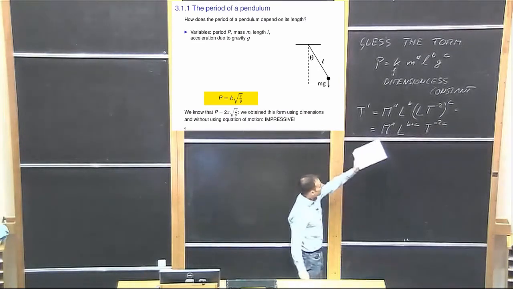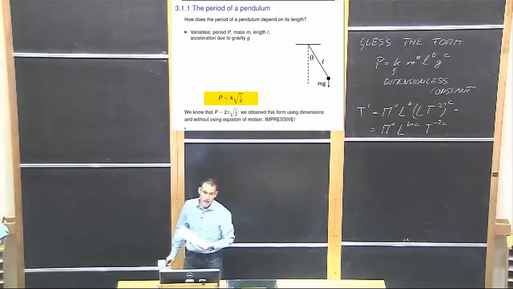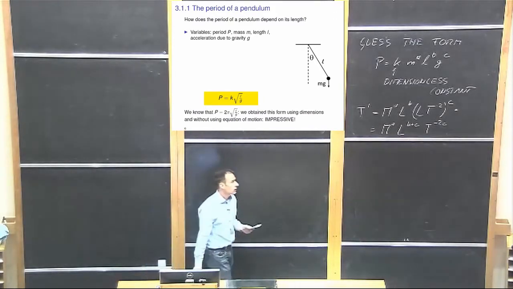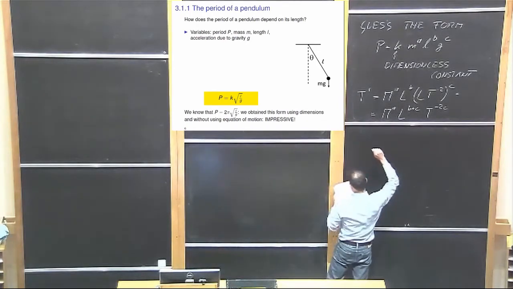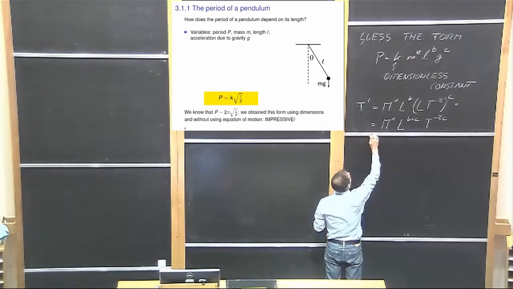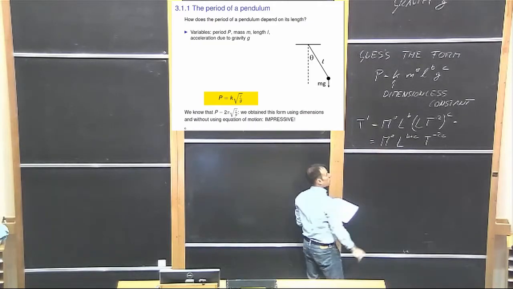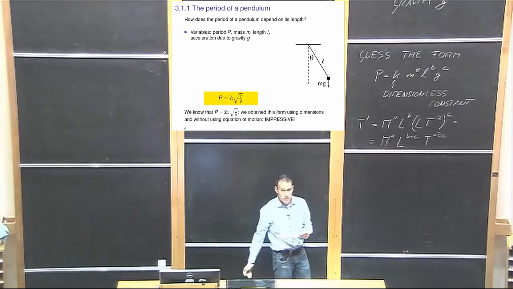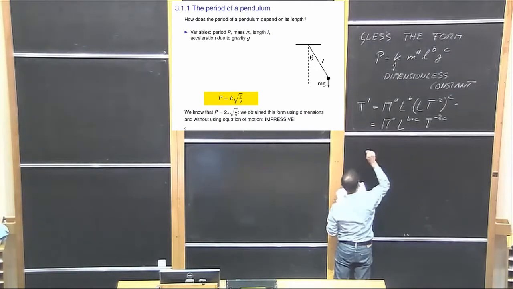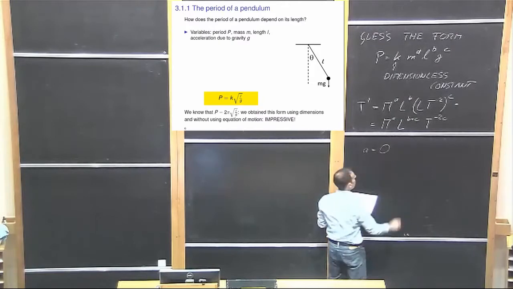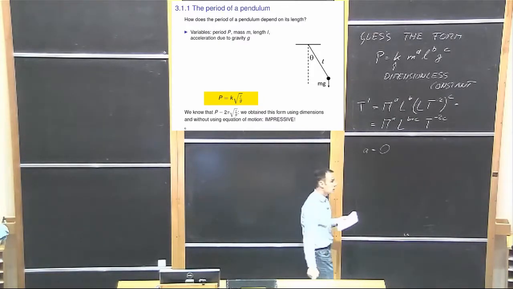So now we have all the dimensions collected here, and they basically have to somehow work out. And if we compare those terms, in the final one, in the period, we have no dimensions of mass. So the only way in which this dimension can disappear is if A is 0 to start with.